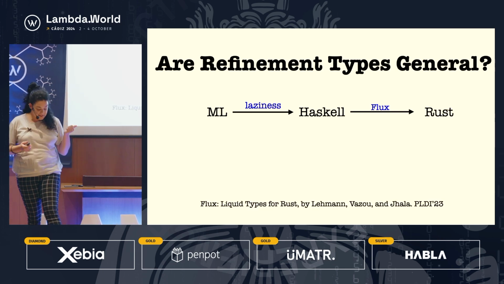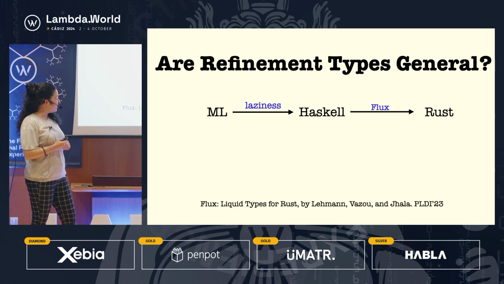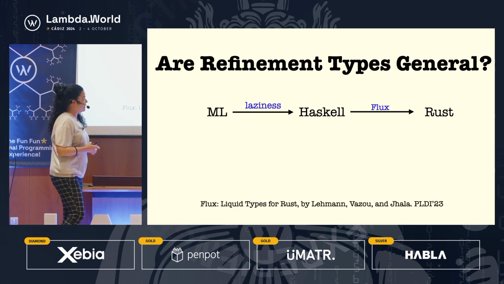Then, some years ago, there came another liquid type checker for Rust that is called Flux, and I think this is very cool too.